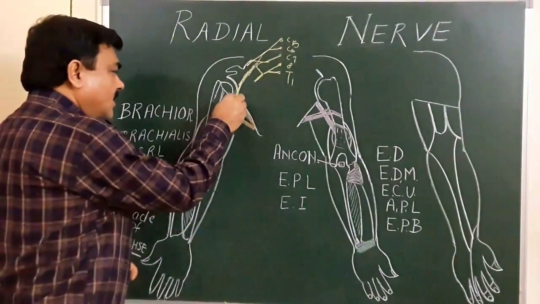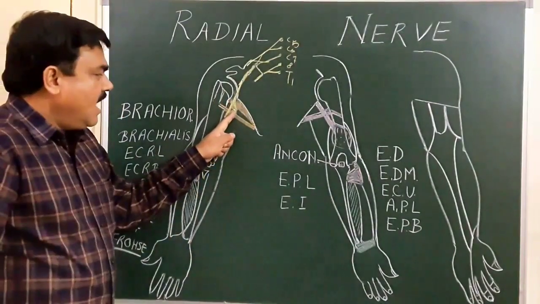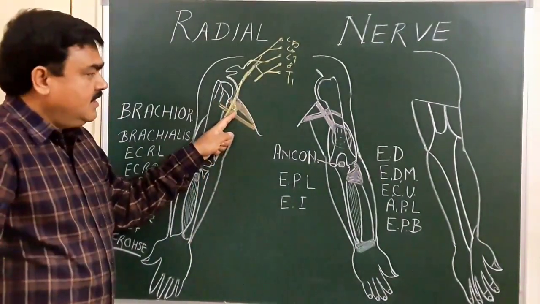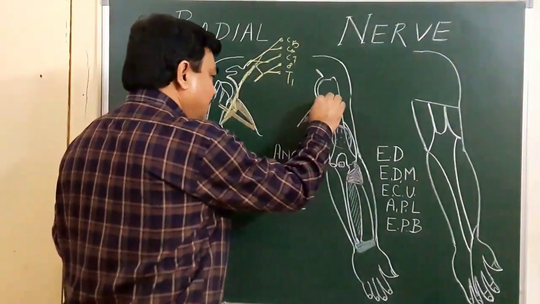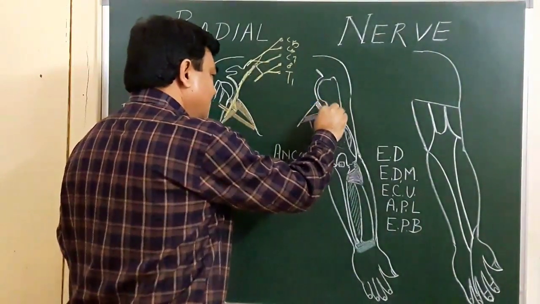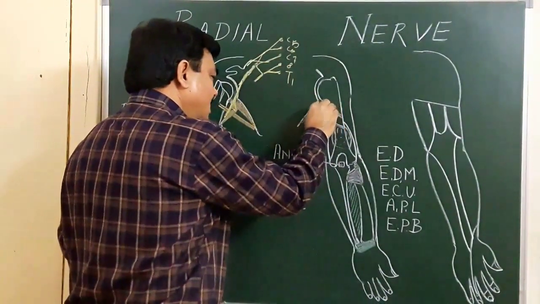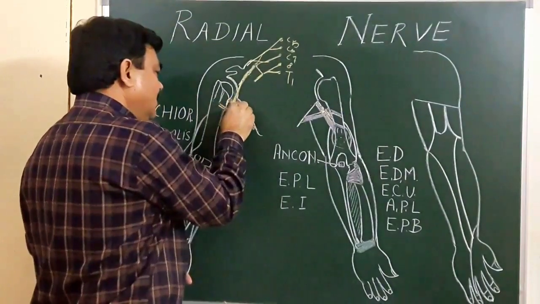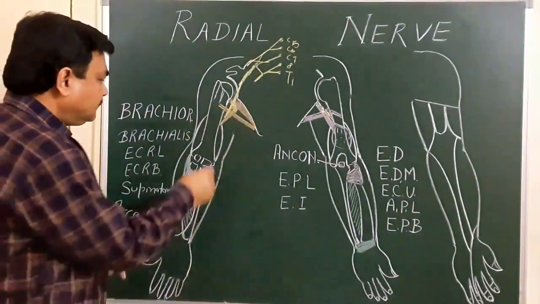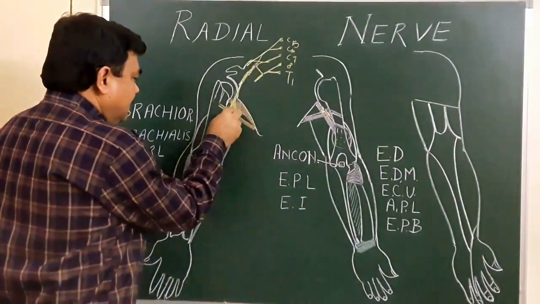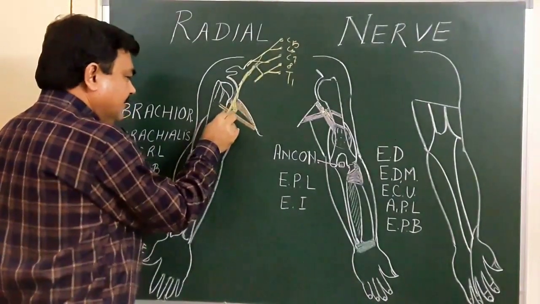One branch goes to the long head of the triceps. It gives another branch to the medial head of the triceps.